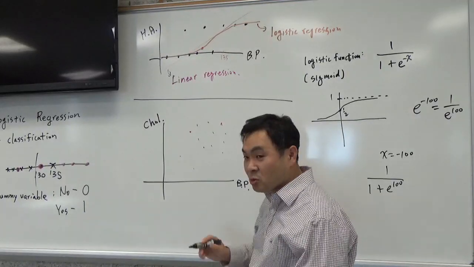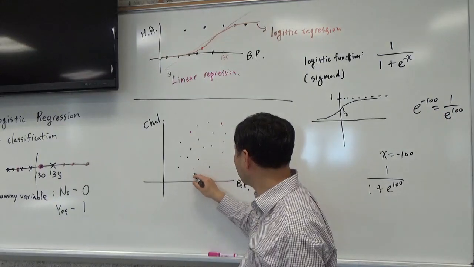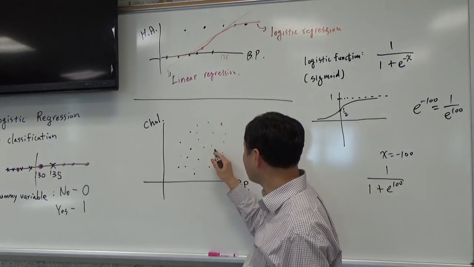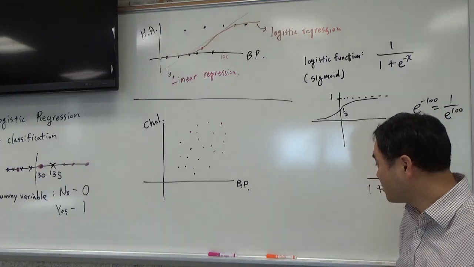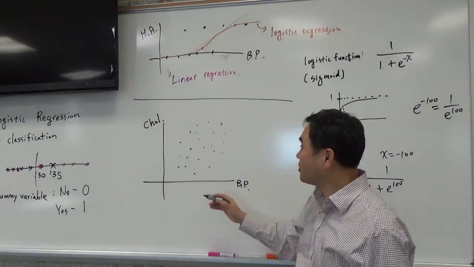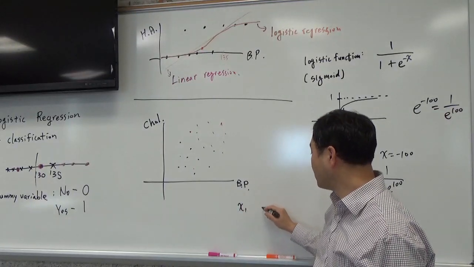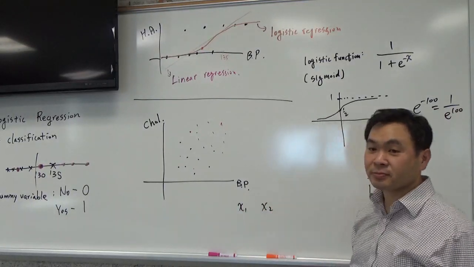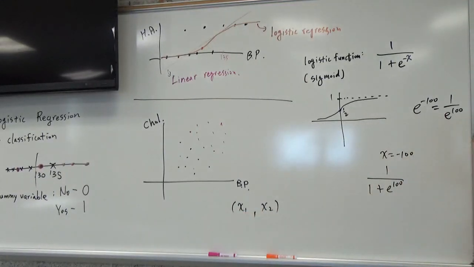And then most of the people who didn't have heart attack will be somewhere here, right? And maybe some here. Something like that. And then in such a case, if you have these two, then your input will be x1 and x2. Okay, your feature sets will be x1 and x2.